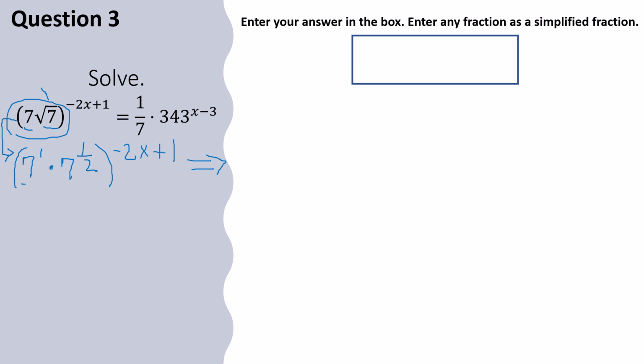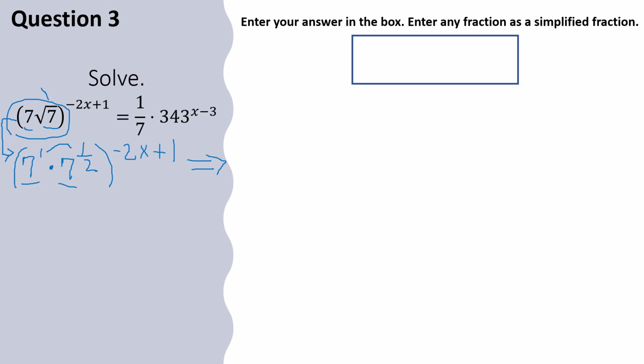All right, let's start here in the parentheses. When we multiply the same base, we add the exponents. So 1 plus 1/2 is 1 1/2. I'm going to write this as an improper fraction. Now listen carefully, because it's very important when we're dealing with exponents and logarithms to keep your answers as an improper fraction. Simplified down to the improper form, but don't write it as a mixed number.